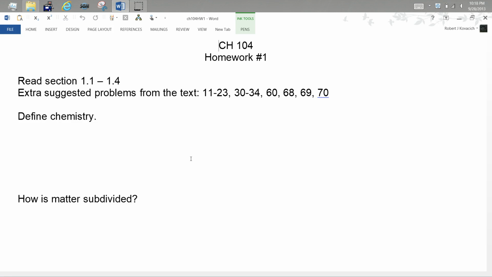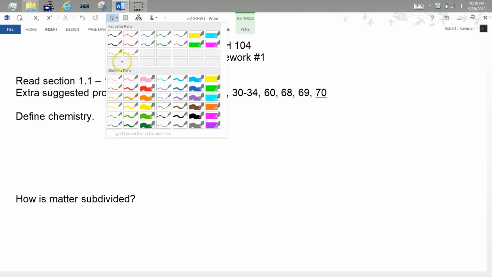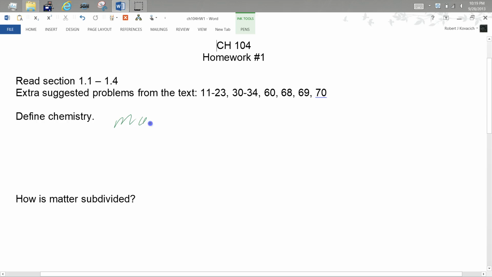Here's my review of homework 1. You're going to need two aspects to define chemistry. One, you need to talk about studying the properties of matter. So matter studied. What I mean by that is things like density, color, anything you can possibly think about with studying matter.